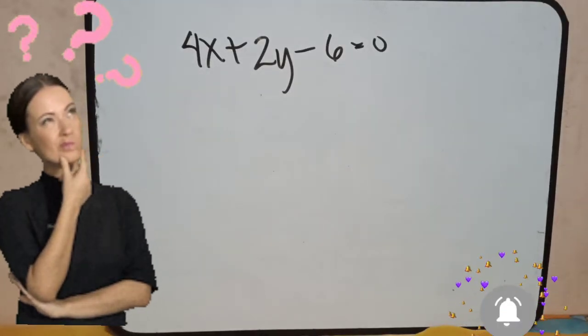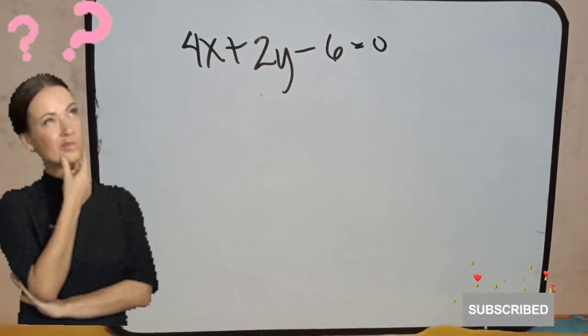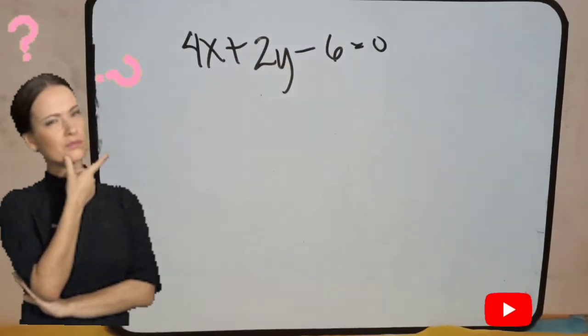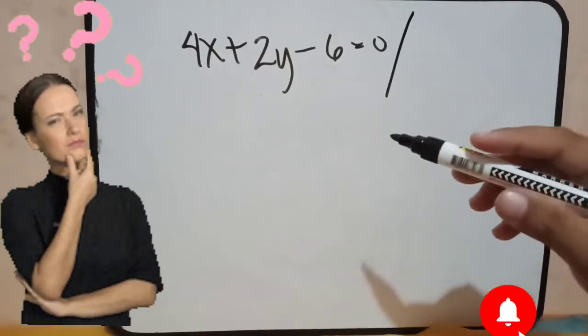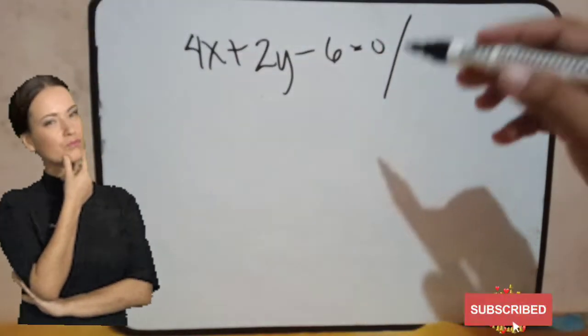So how are we going to make this into standard form? For standard form, the formula is ax plus by equals c.